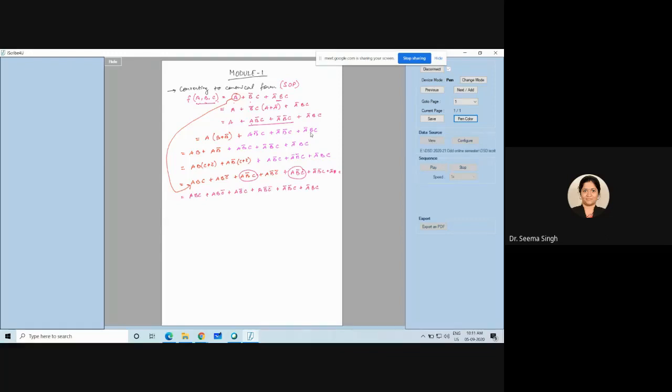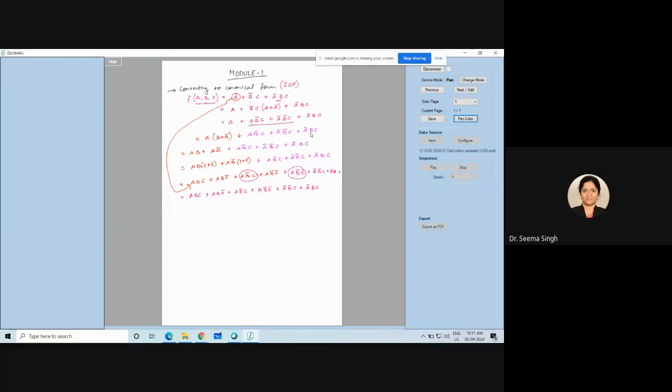Now, when I say it is a function of A, B, C, what do you understand? A, B, C means it is a 3-variable term, and 3 variables can give me numbers from what to what? If A, B, C are all 0, 0, 0, it gives me a 0.